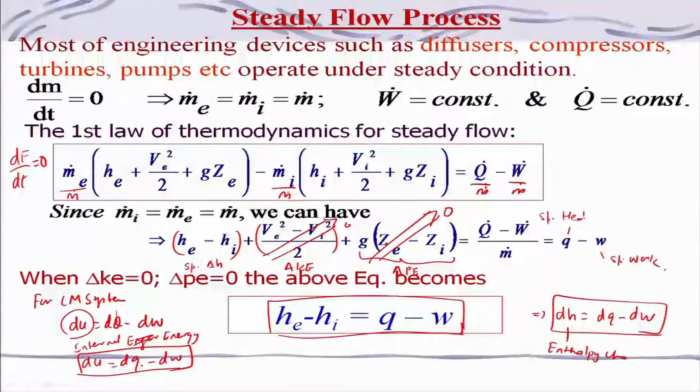So, you should keep in mind that for a steady flow process, the energy equation, or the first law of thermodynamics, is similar to that of the control mass system, except that the internal energy in the control mass system is replaced by the change in enthalpy.